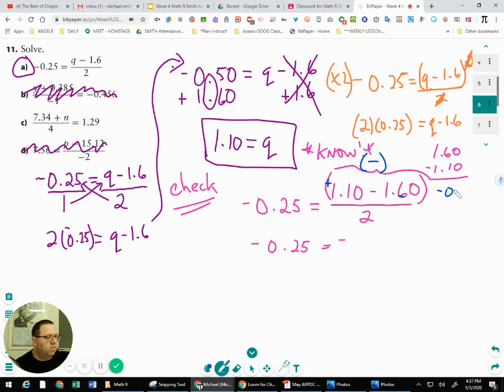I know this is going to be 50 cents, and it's going to have to be a negative 50 cents. So we have negative 50 cents on top, and 50 cents divided by 2 is negative 0.25 on the left. And that's the answer.